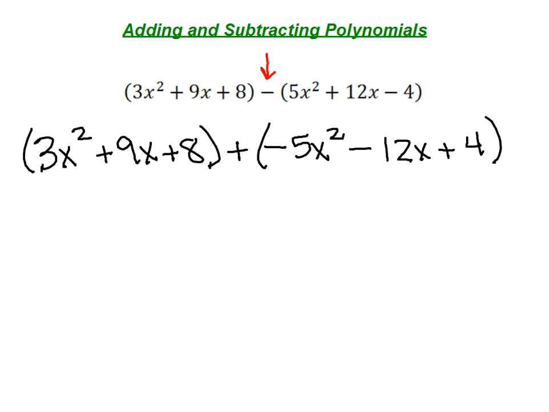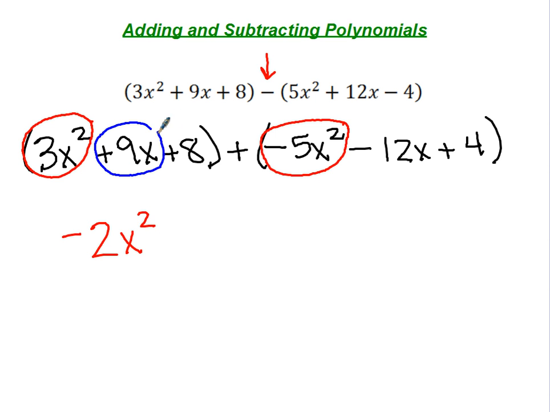Now we can combine all of our like terms. Here's my x squared, and that matches with this negative 5x squared. So then 3 minus 5 is negative 2x squared. My positive 9x matches with my subtract 12x.